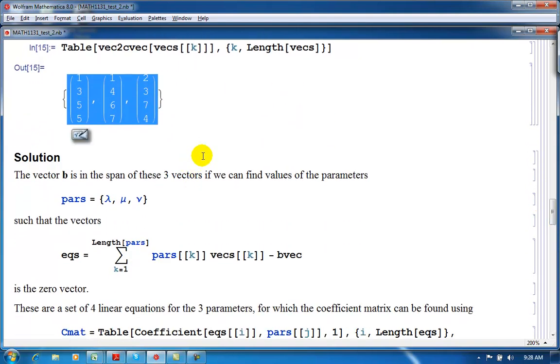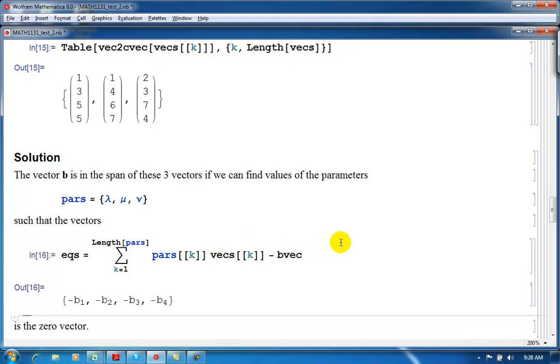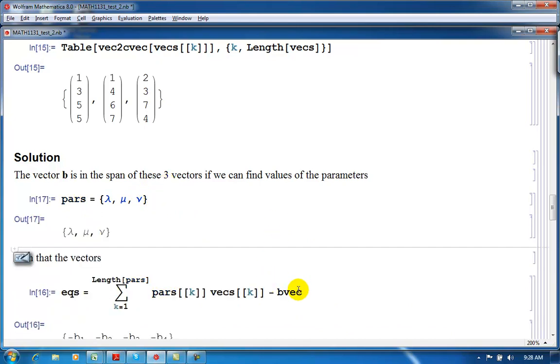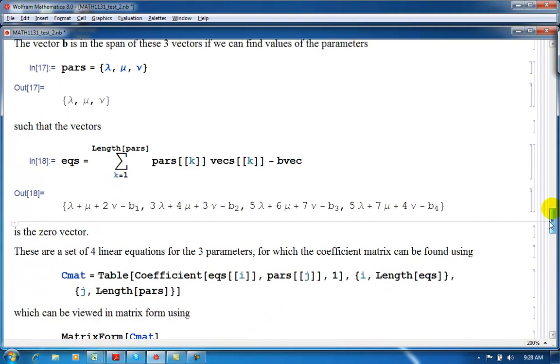Well, what does that mean? Well, that will be the case if we can find three parameters, lambda, mu, and nu, such that the vector got by taking a linear combination of the three vectors and subtracting off the vector of b's is zero, if we can find those lambdas.